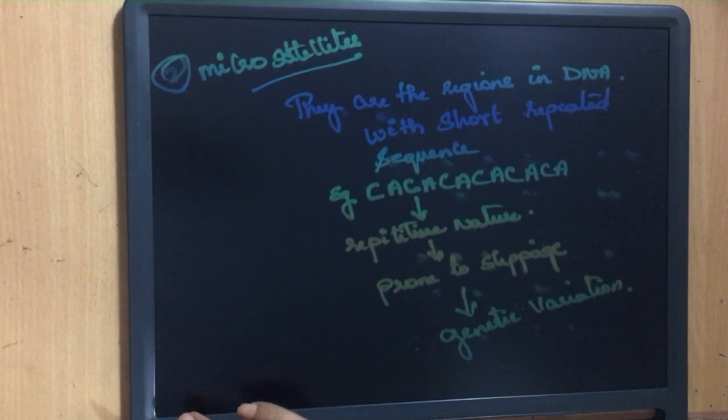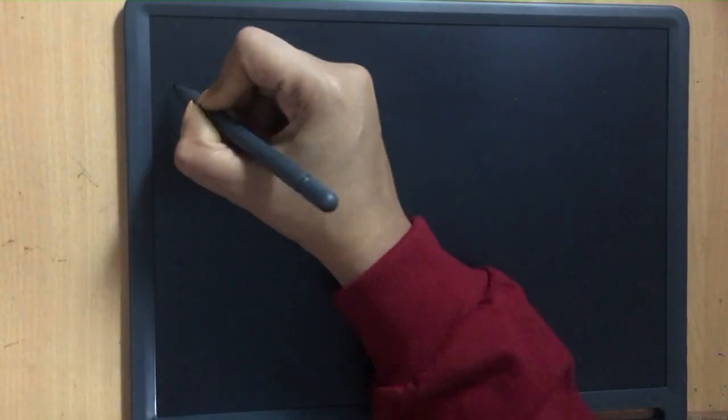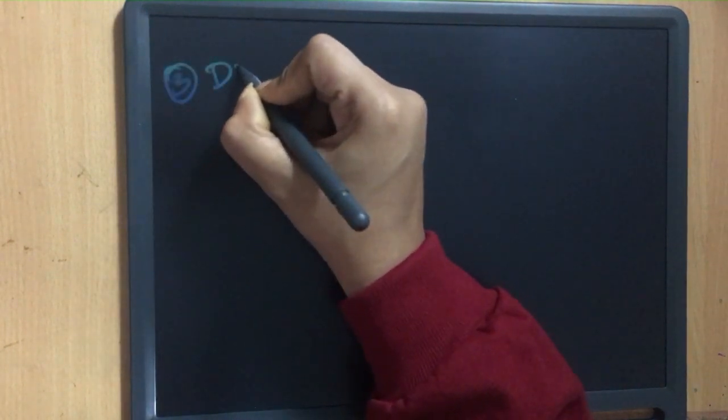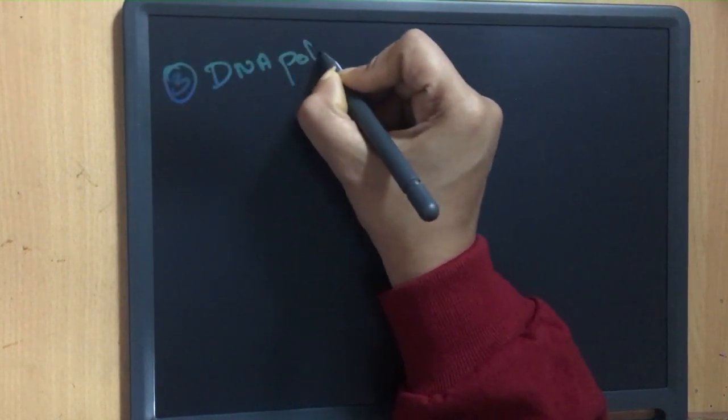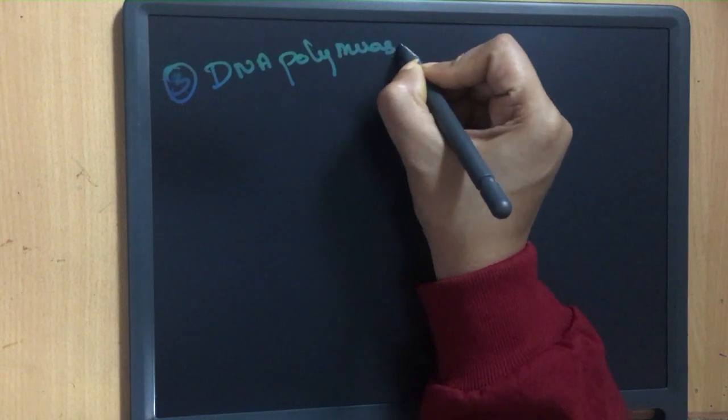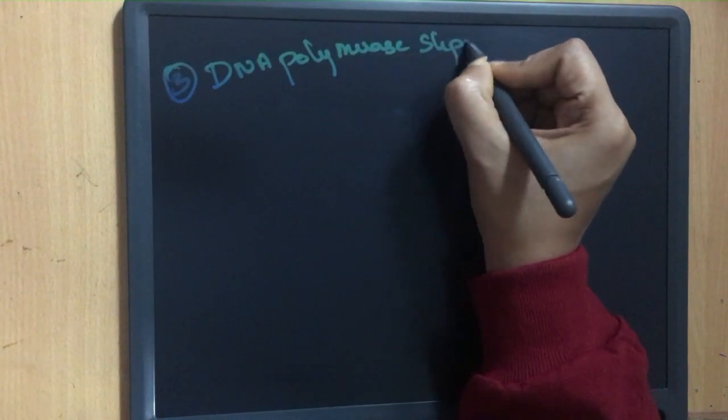Okay, now the third type of slippage can be because of DNA polymerase slippage.